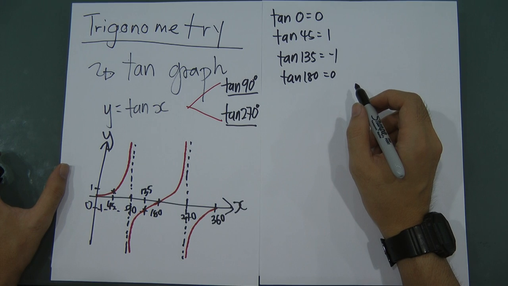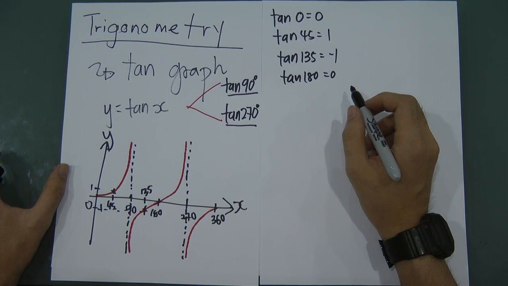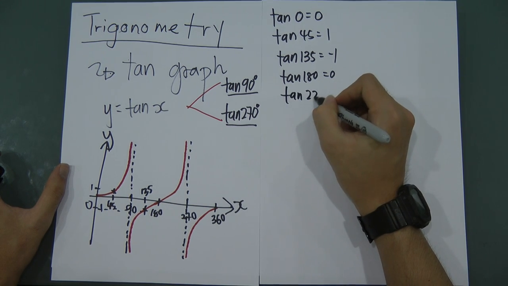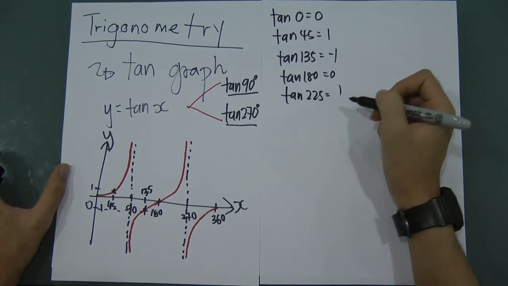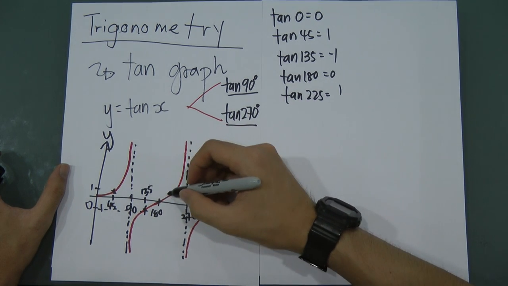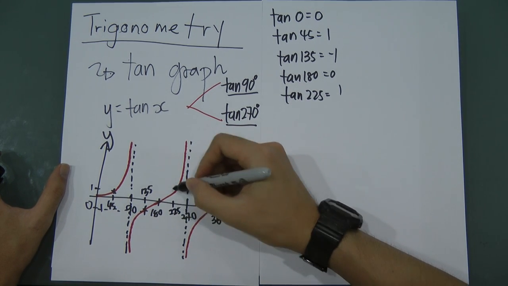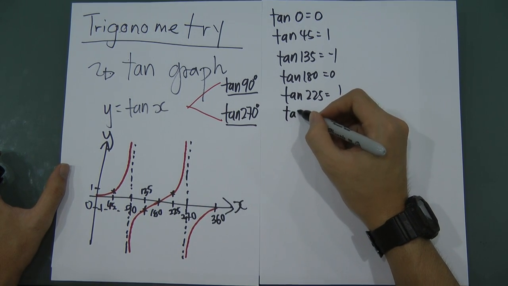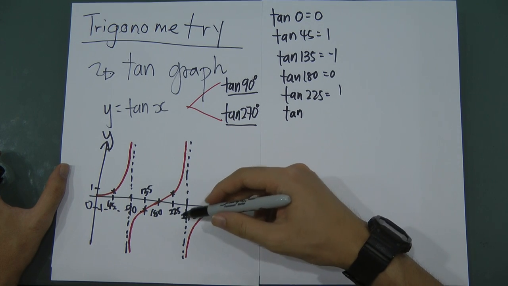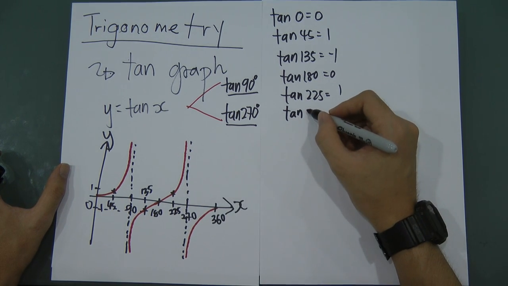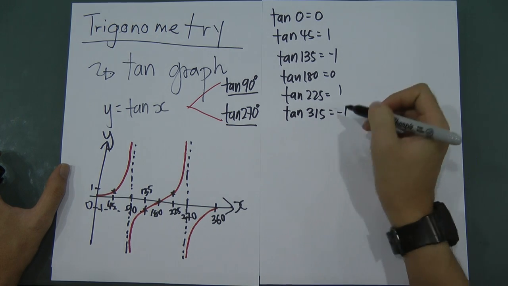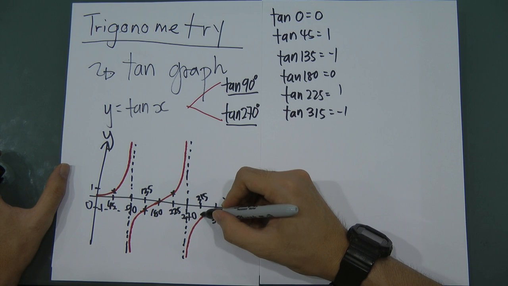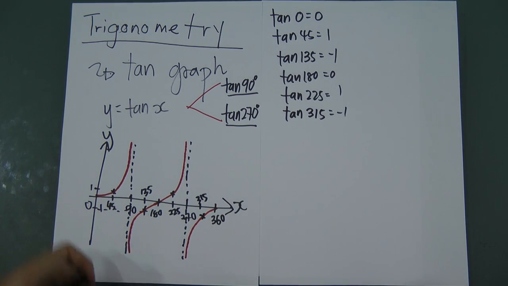In the third quadrant, tangent 225 is 1 also, so maybe this is 225, so I will get 1 also. And then tangent 270 you will never touch, so you will continue until the last quadrant, tangent 315, where you will get -1. Yeah, this is something like this.